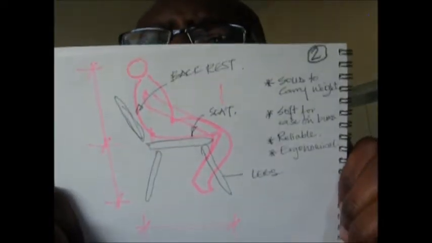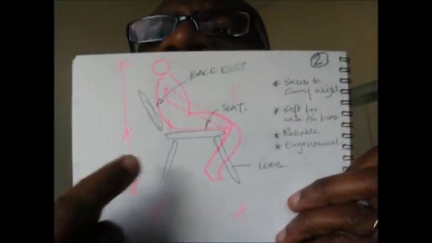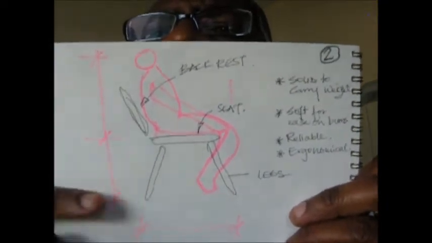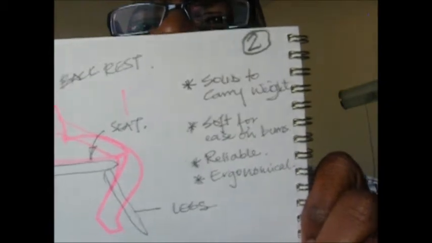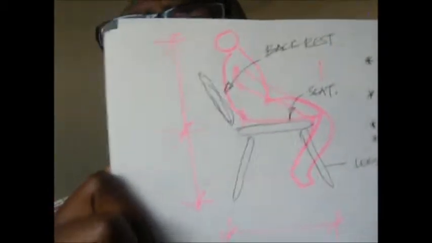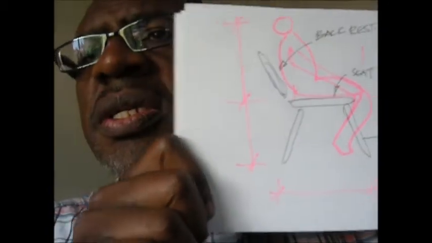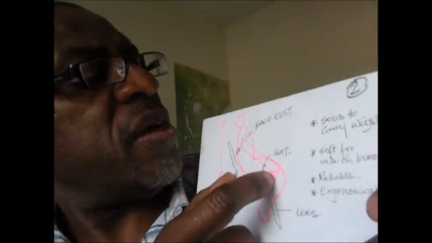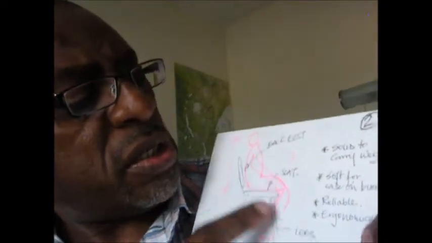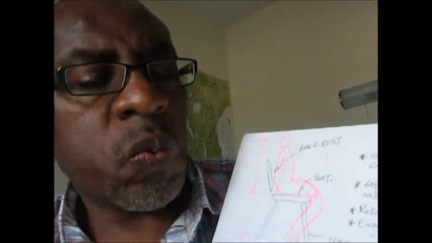This is the second image, which is more like a seat and a person sitting on it, talking about the proportions and the dimensions and the sizes of the sitting surface, the back seat, the legs, what are the elements of a seat, and what we really need to bear in mind when we're talking about a seat.